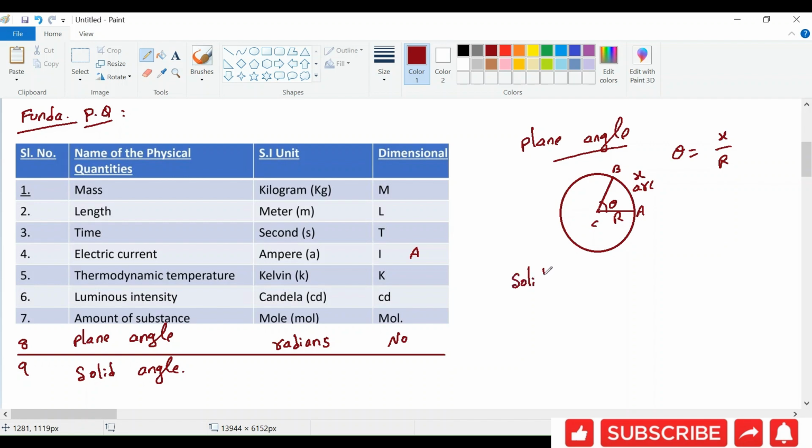Next we will see solid angle. This is called the solid angle.